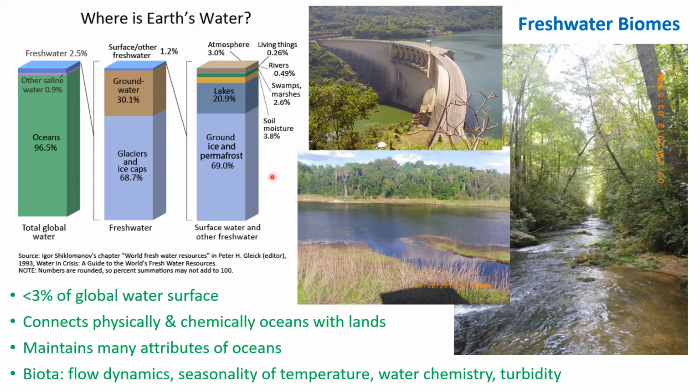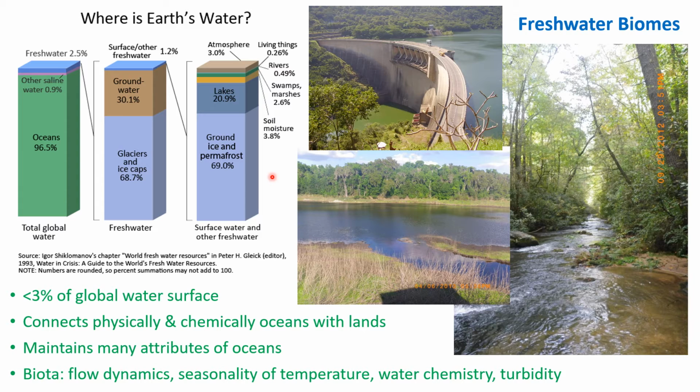And then another 20% is found in lakes. Another about 4% is soil moisture. A smaller proportion is available in wetlands like swamps and marshes, about 0.5% in rivers, about 3% in the lower atmosphere, and about 0.3% within living organisms.